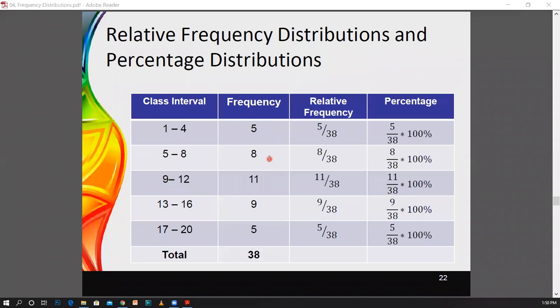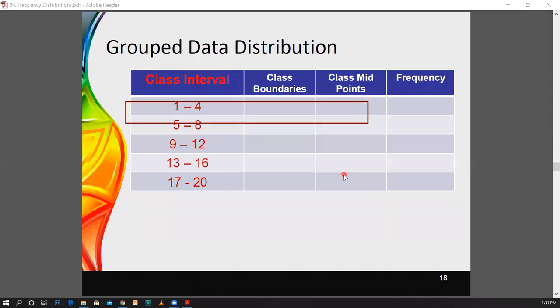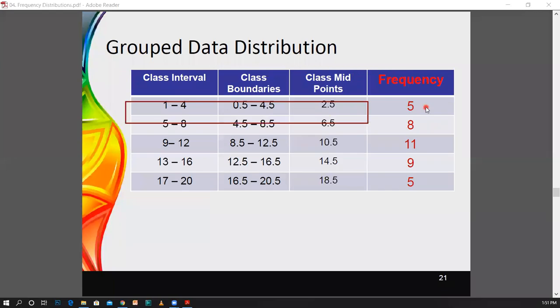Therefore, if you see the initial data set, we can include these values in the first class. If you see this set of values, from 0.5 to 4.5, these are the values. The number of values you can see here is 1, 2, 3, 4, and 5. That is why we can see the frequency 5 in the first class.